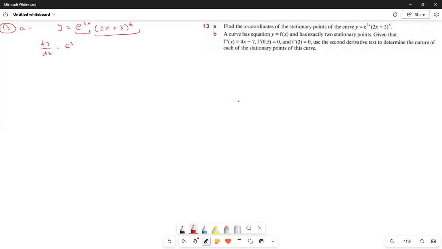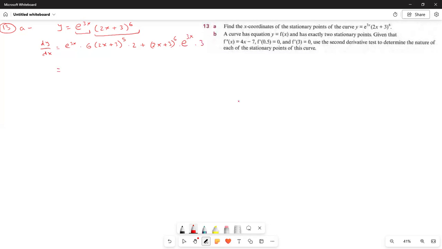So first function into derivative of the second function, that is going to be 6 (2x + 3) to the power 5, and the derivative of this is going to be 2 only, plus second function, (2x + 3) to the power 6, into derivative of the first function, so that's going to be e to the power 3x into 3.